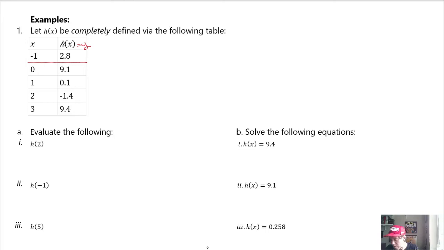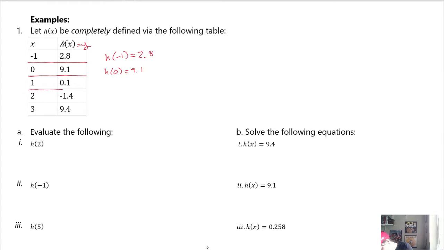h of -1 equals 2.8 is what this is saying. The second row says that when x is 0, h of that x value is 9.1. That's saying h of 0 equals 9.1, and so on and so forth.